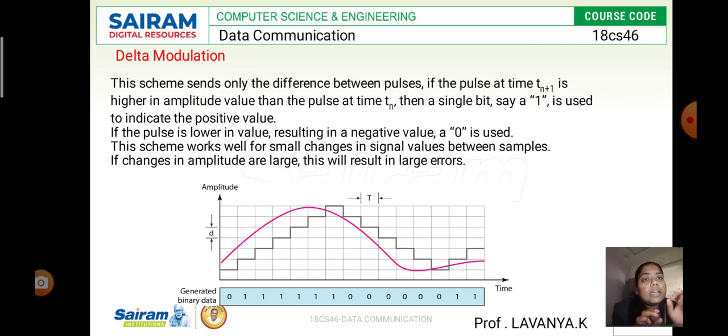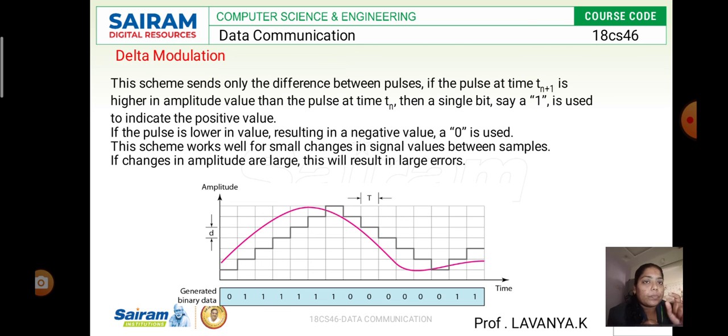Here, the pink color line indicates the original analog signal. We consider this original analog signal as the input, and based on that we generate the digital output with the help of digital or binary data.